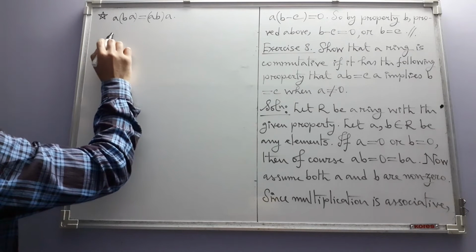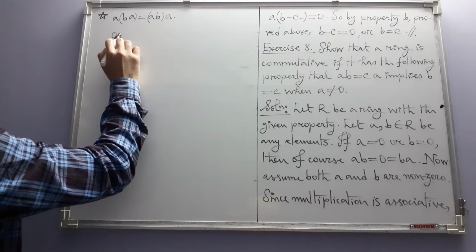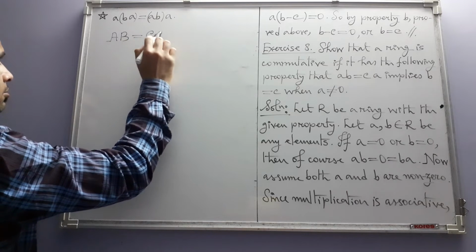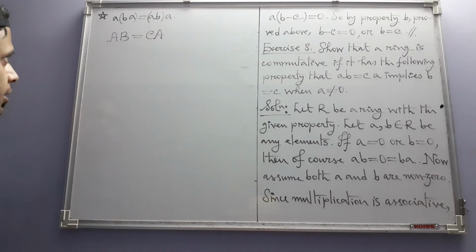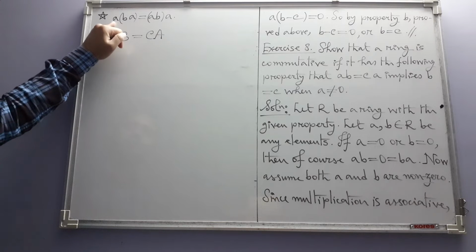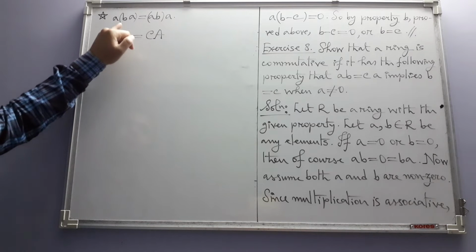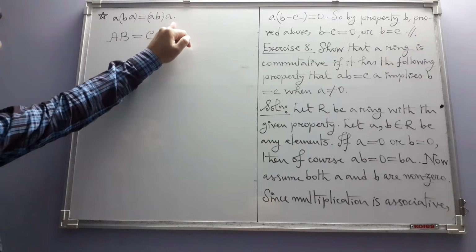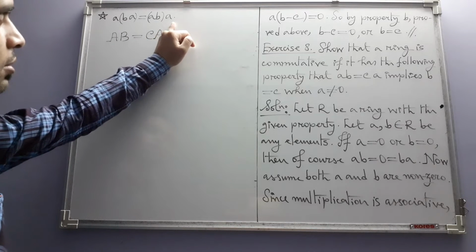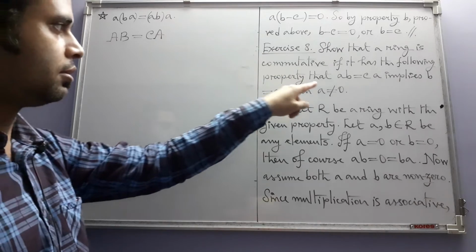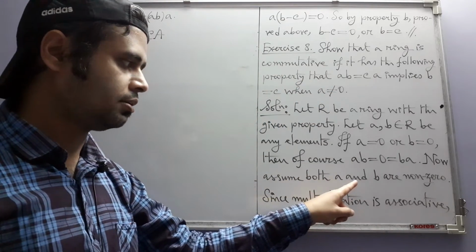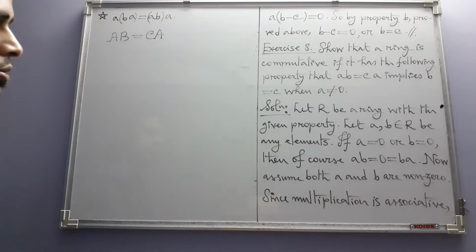This equation looks like AB is equal to CA, where capital A is A, B is BA, C is AB, and again capital A is A. And A is not equal to 0 because we have now assumed that both A and B are non-zero.